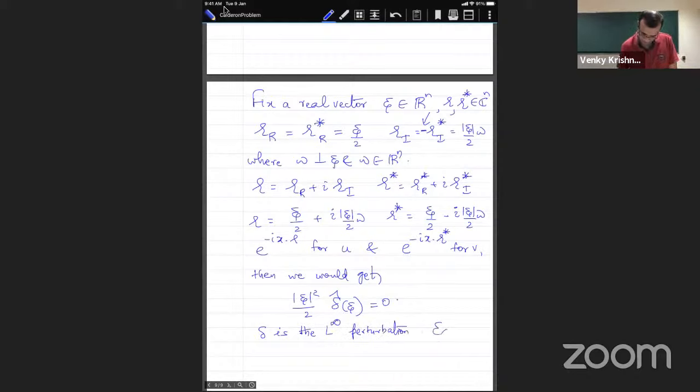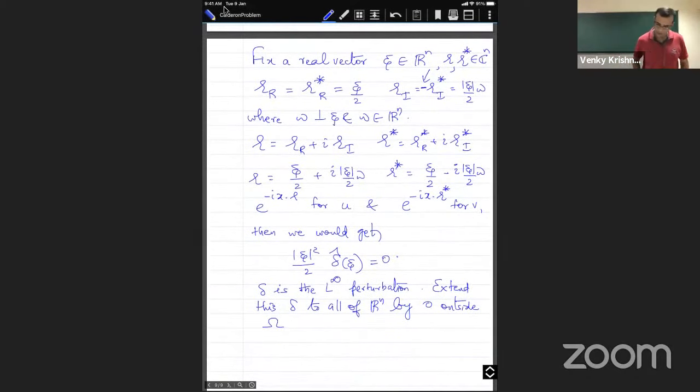Okay, now you extend this delta to all of Rn by 0 outside omega. Then my delta would belong to L2 of Rn.